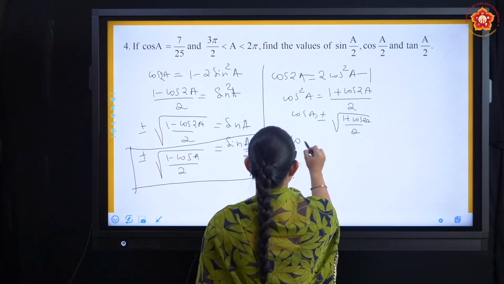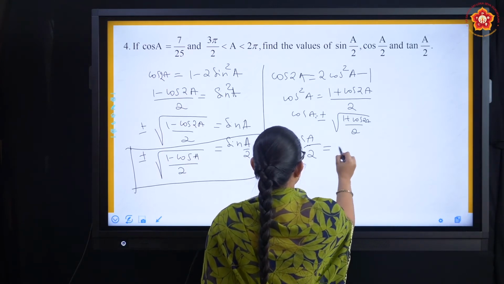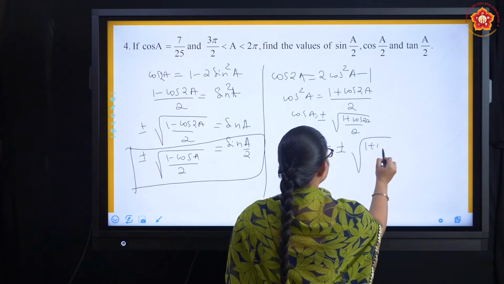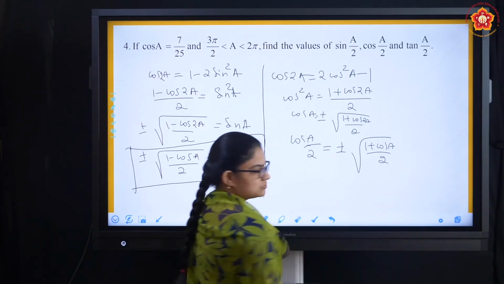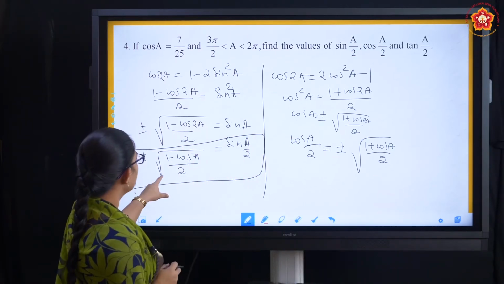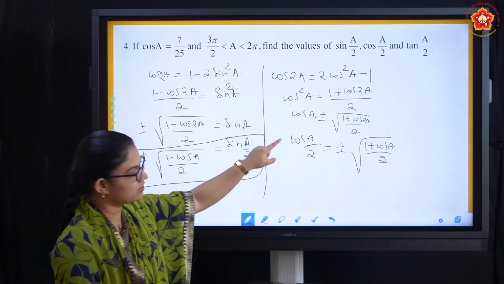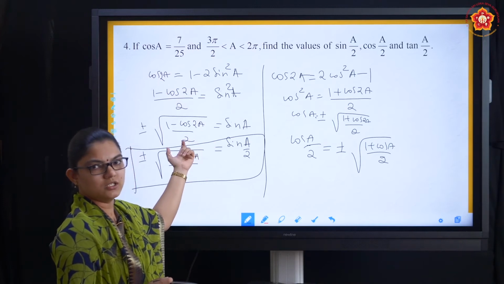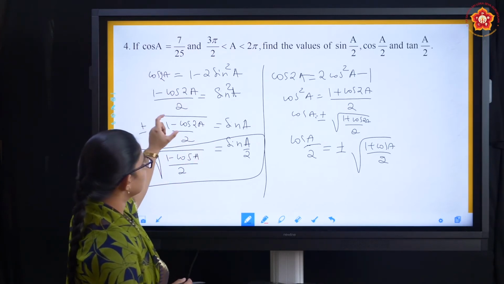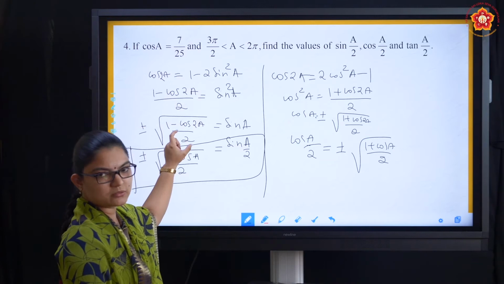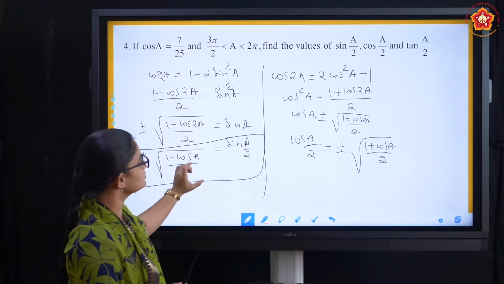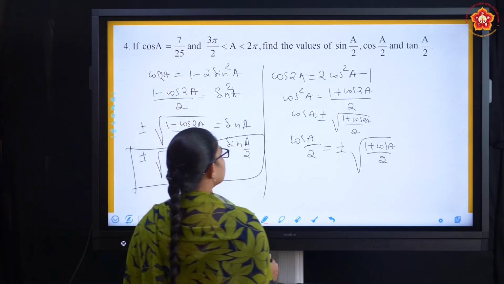And then cos A by 2 will be plus or minus square root of 1 plus cos A by 2. This is how we can find out cos A by 2 and sin A by 2 value. Now by knowing them, we can find out tan A by 2, since tan A by 2 is nothing but sin A by 2 by cos A by 2. So just substituting the values, we will get tan A by 2.